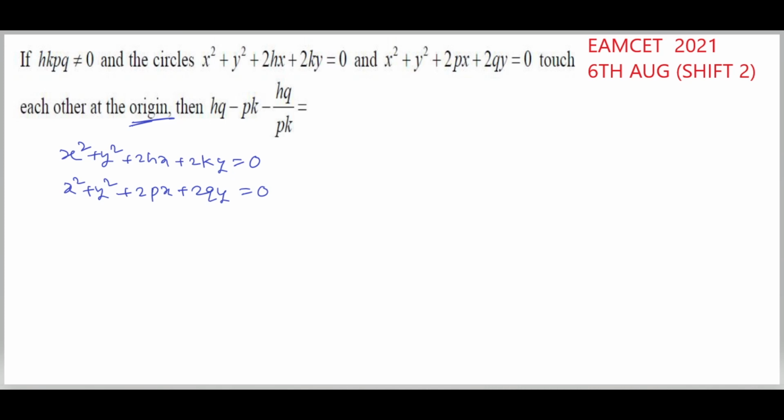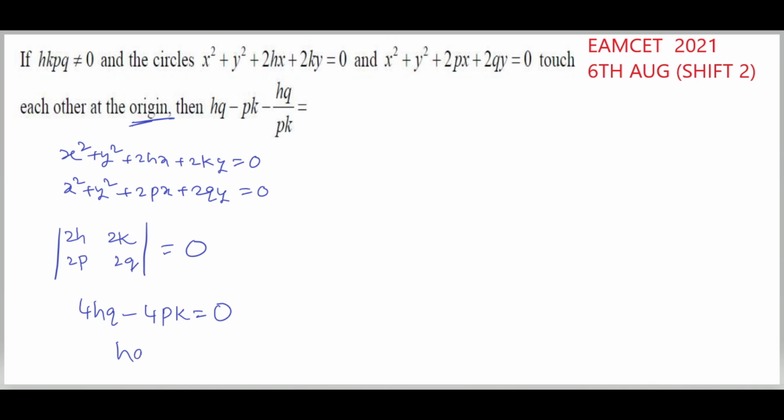That is, write down the coefficient of x, this is 2h, and the coefficient of y, this is 2k, and 2p, 2q. Since these touch each other at the origin, the determinant of this is equal to 0. That is 4hq minus 4pk is equal to 0.